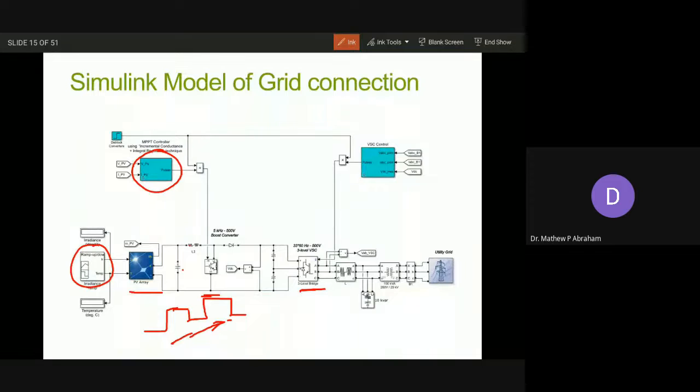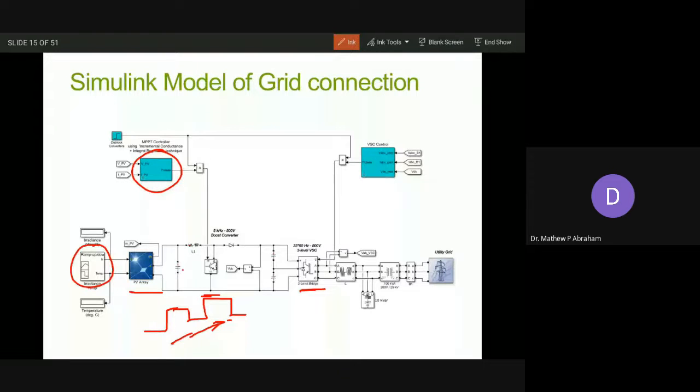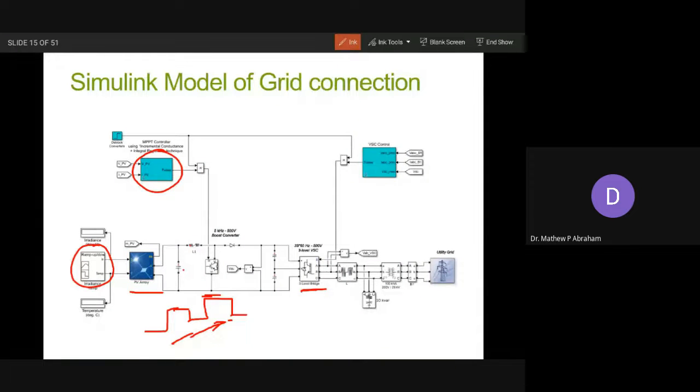This block provides the firing pulses for the inverter. So the simulation file is drawn in such a nice manner that all the power analog parts come down and all the control blocks or digital blocks come up, right?